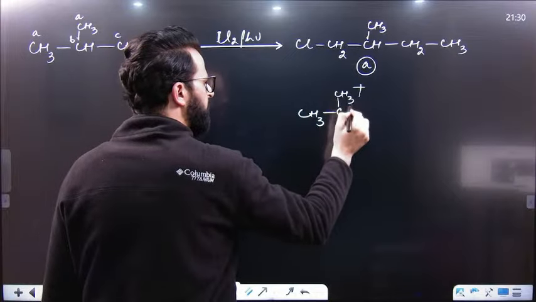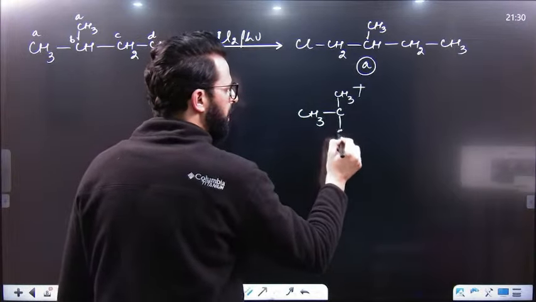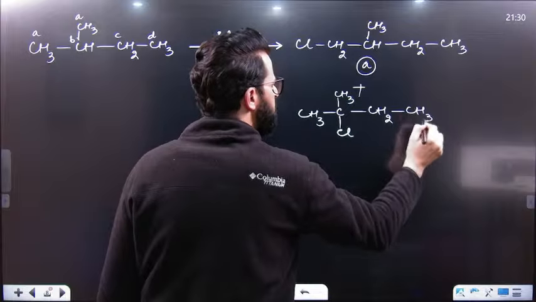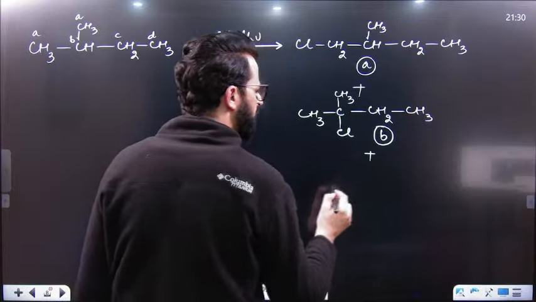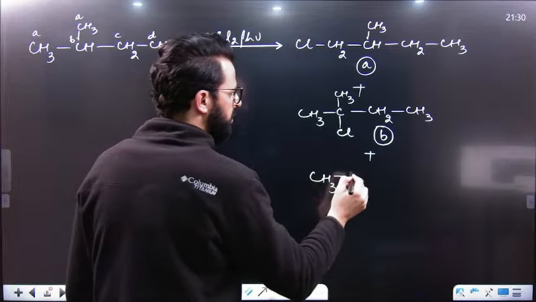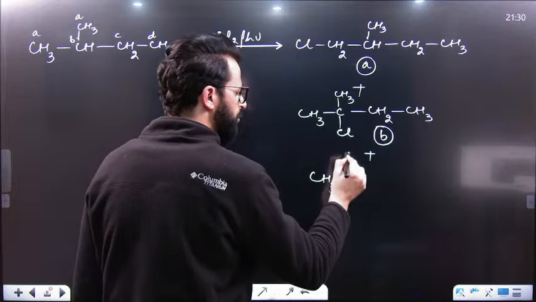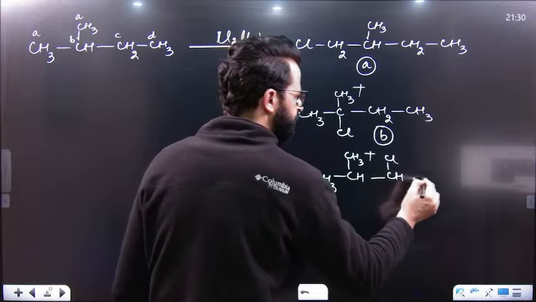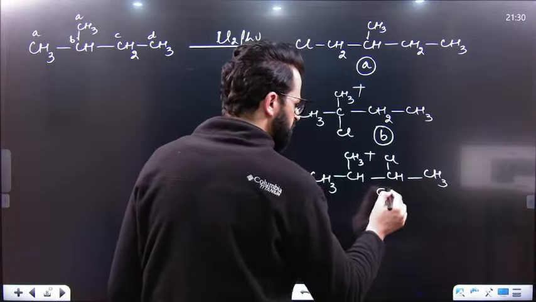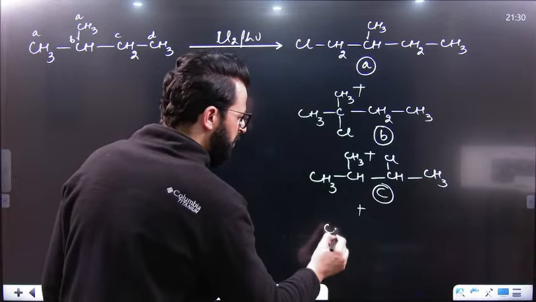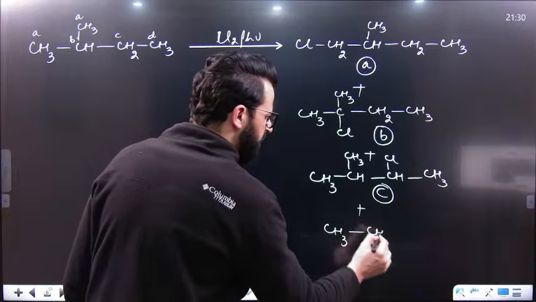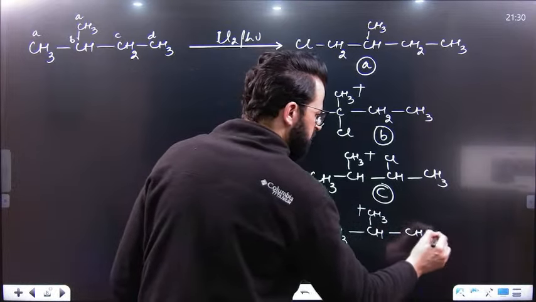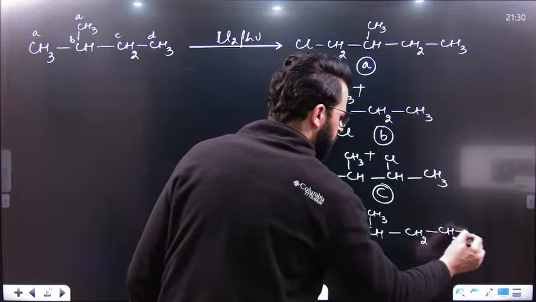Now I will replace hydrogen at B by chlorine. Then it is like this. So this is the product B. After that, I can replace C hydrogen by chlorine. Then its product will be like this. So this is C product. After that, I will replace hydrogen at position D. Then this will be our product.